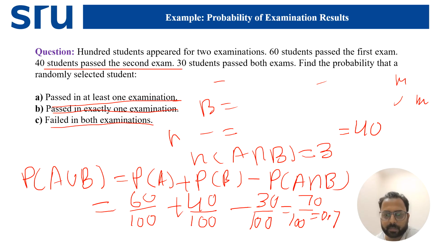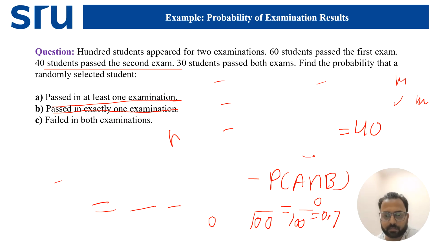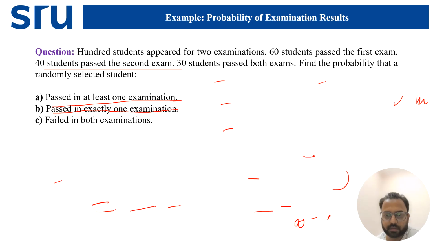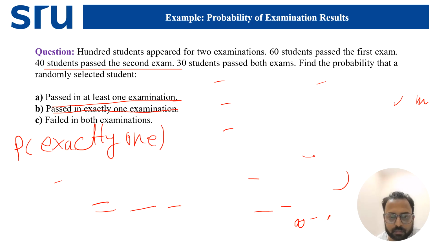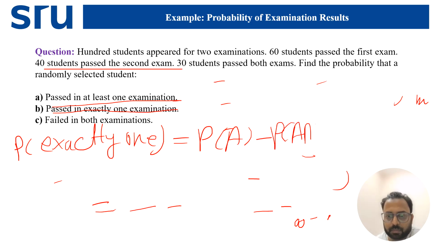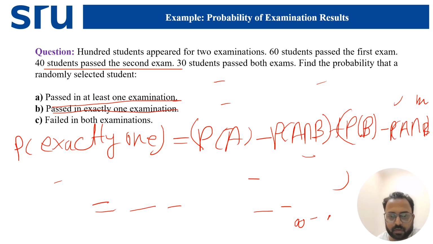So P of exactly one means the probability of passing A minus the probability of passing both, plus the probability of passing B minus the probability of passing both examinations.